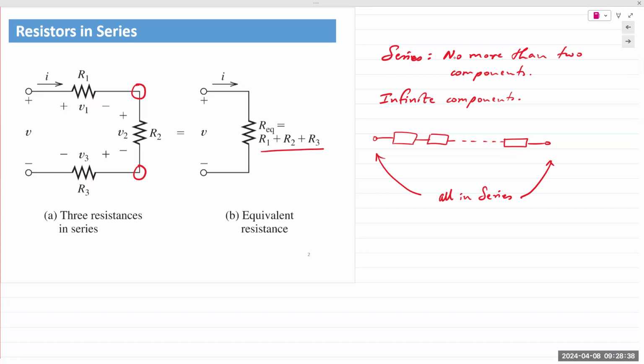If you wish to find the connection, let's say I'm going to call this node A, B, C, and D. If I wish to find RAC, meaning I'm measuring the resistance between A and C, it would simply be R1 plus R2.